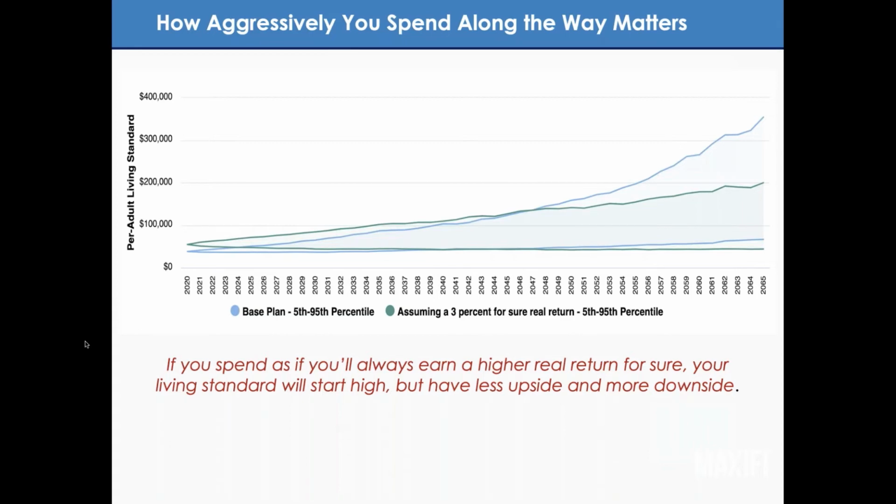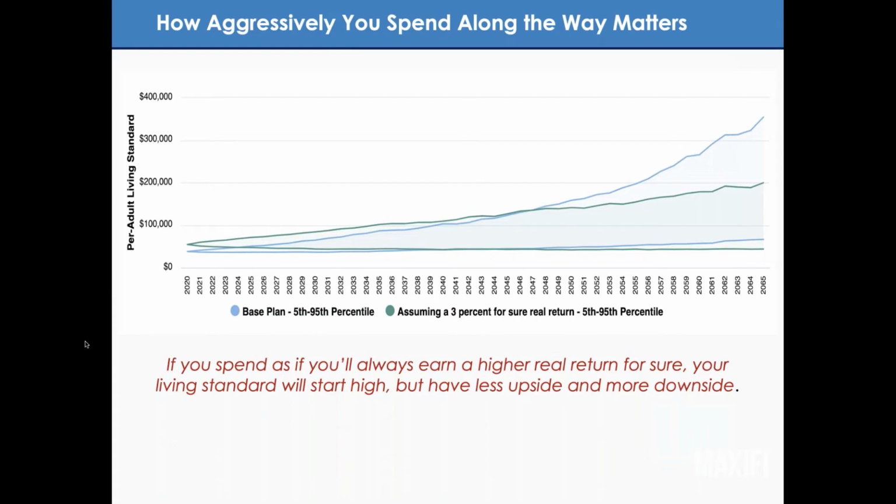You can see the initial spending is higher, and that's going to mean that they're going to have less upside risk because they're going to have spent up more of their assets earlier on, because they're spending as if they're going to earn 3% real. That's the assumption here, rather than 0% real.